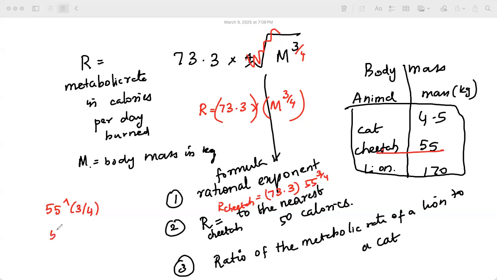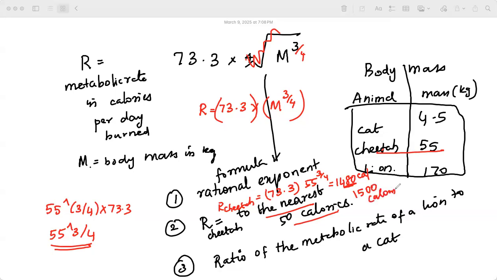Please don't make the mistake of just typing it without them, because that is a different thing. Then times 73.3. This gives you 1480 calories. But they're asking for the nearest 50 calories, so if you round it to the nearest 50, it will be 1500 calories.